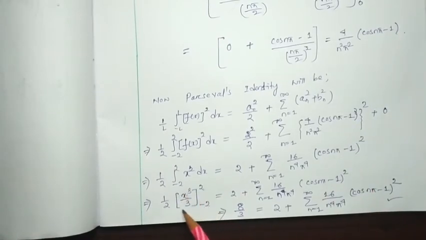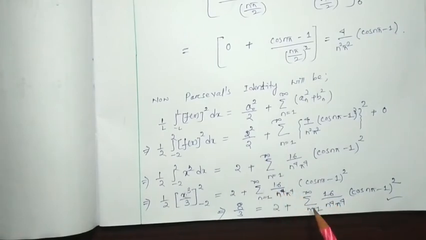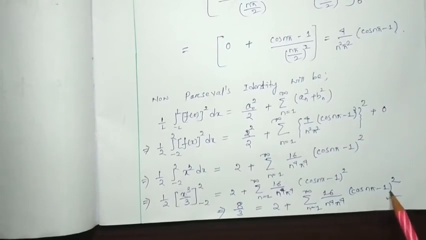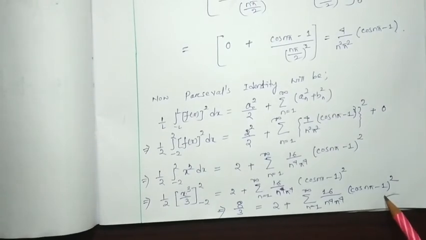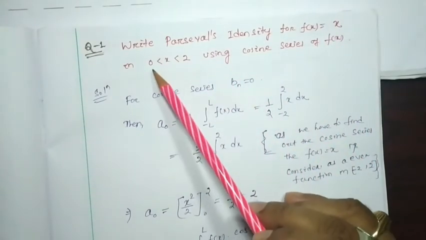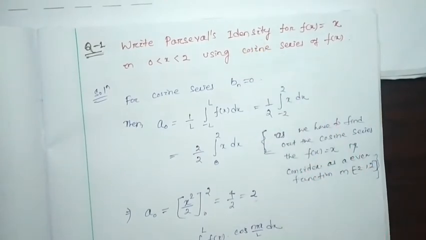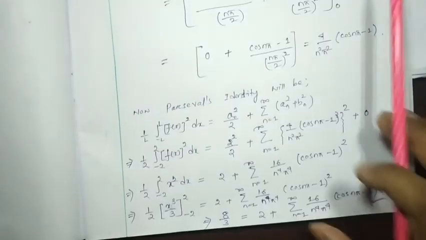If we consider this one, it will be 2 cube plus 2 cube, that means 16 by 2 will be 8 by 3, and this is 2 plus 16 by n to the power 4 pi to the power 4 (cos n pi minus 1) square. So the Parseval's identity of this function, that is f(x) equal to x which exists between 0 to 2, by considering its cosine series, will be this one. Okay.